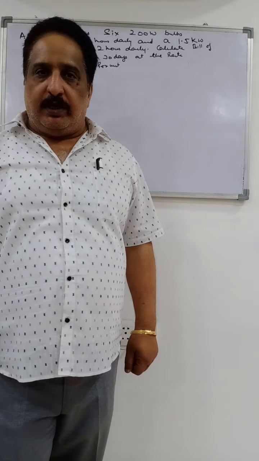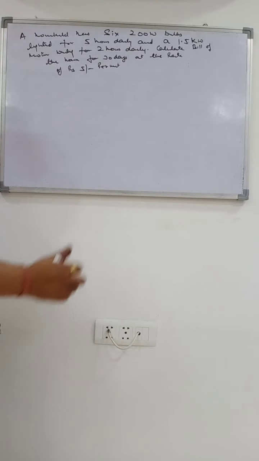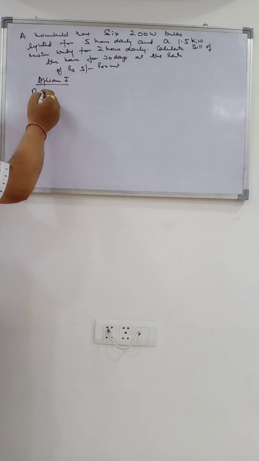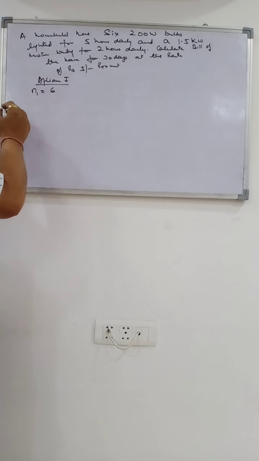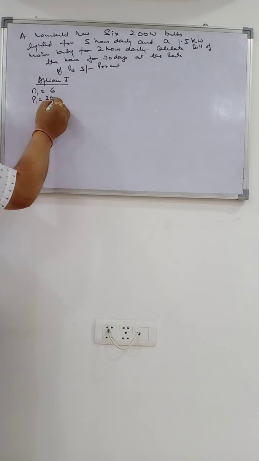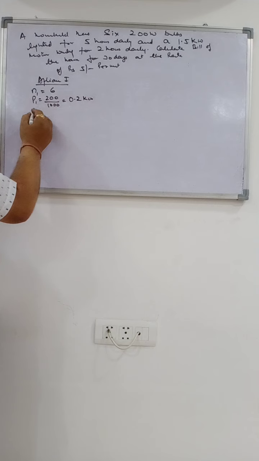2 types of appliances. The first is the 200-watt bulb and the second is a motor. So appliance 1, पहले लिखेंगे नंबर कितना है इसका, 6. पावर कितनी है इसकी, 200 watts, 200 by 1000 is equal to 0.2 kilowatt. टाइम कितना है इसका, 5 hours.